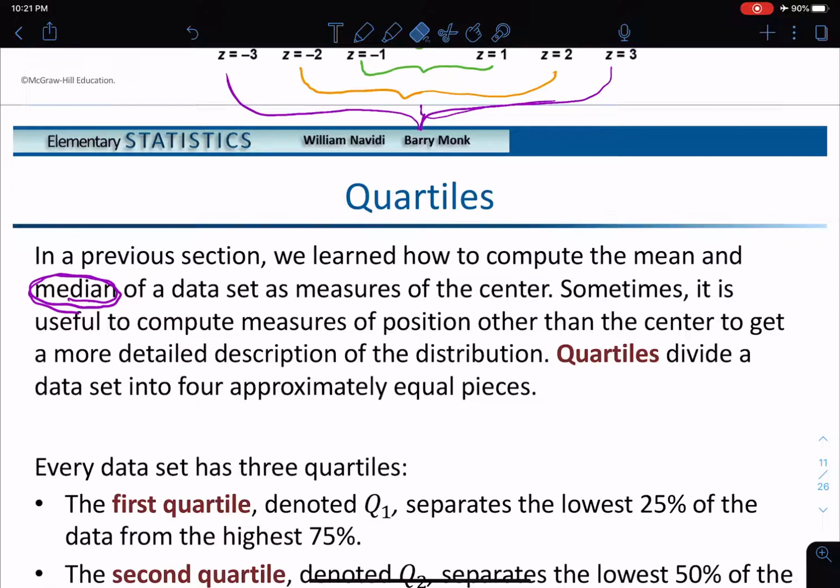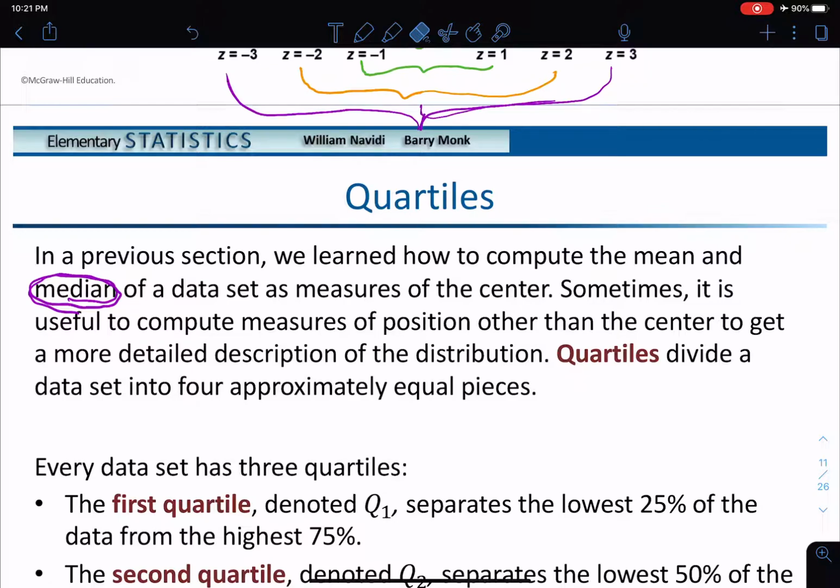Okay, so we're looking for the center of the data. Sometimes it is useful to compute measures of position other than the center. So trying to get to the center of your data by using a mean or a median is great, but sometimes you want to chop the data up into quarters, into whatevers.